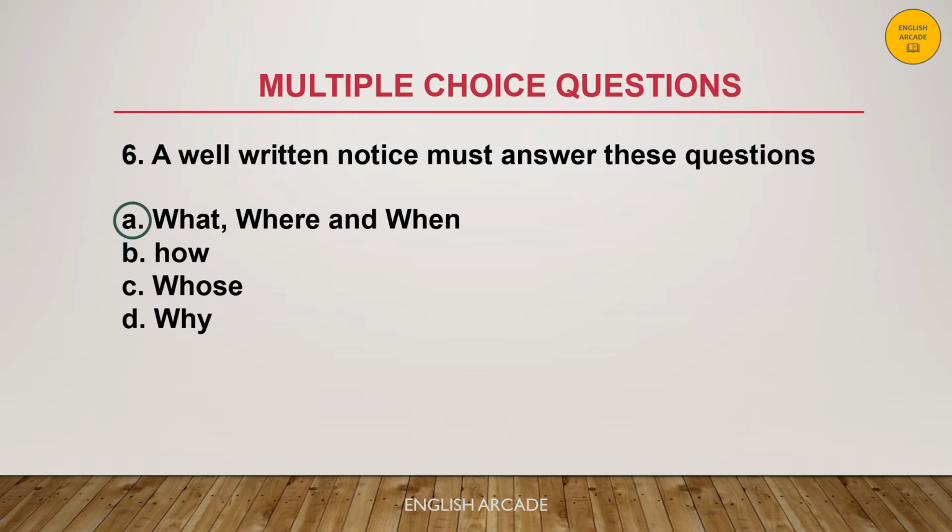We may include how, we may include whose, we might like to talk about why the notice is being written, but then B, C and D are optional parts of notice writing. What, when and where are the essential elements of each notice. Therefore, A is the right answer.